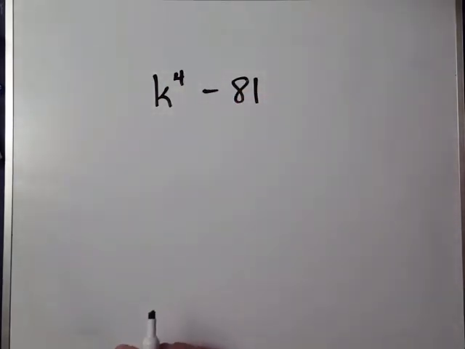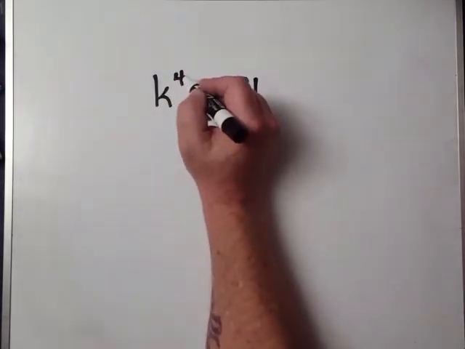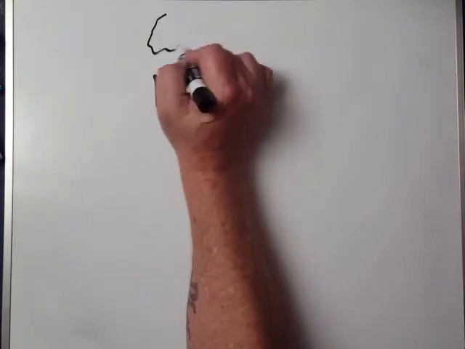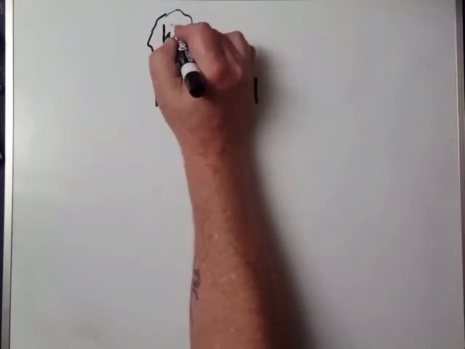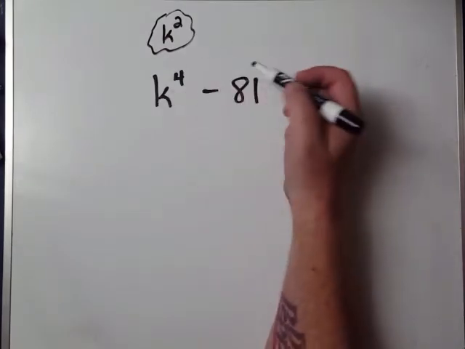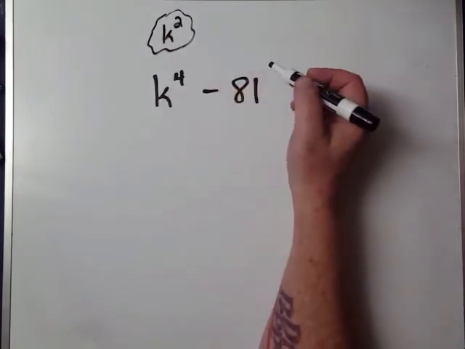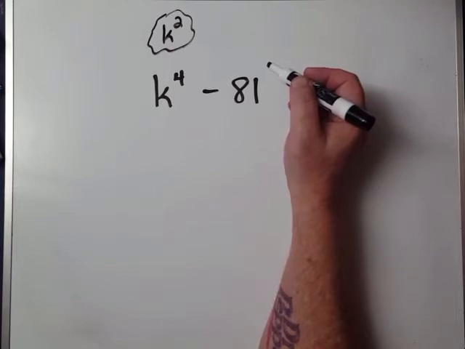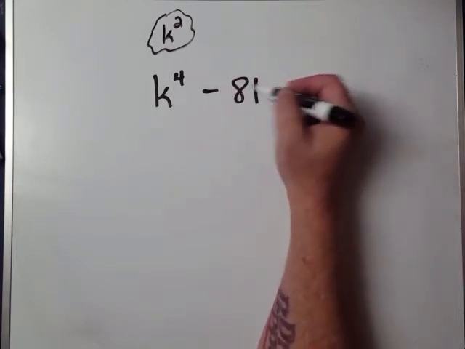I see a binomial, and one question I need to ask myself is, is this a difference of squares? What can I square that would give me k to the fourth? K squared squared is k to the fourth. So k to the fourth, any even power, is going to be a perfect square. K to the fourth is a perfect square.